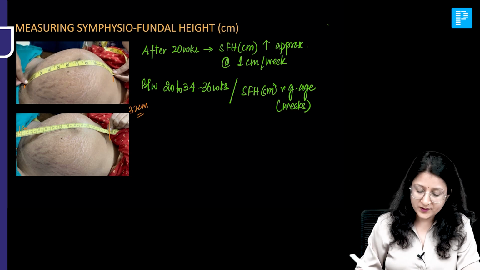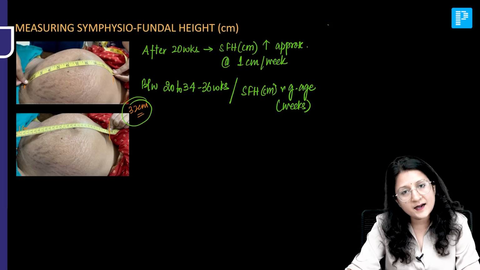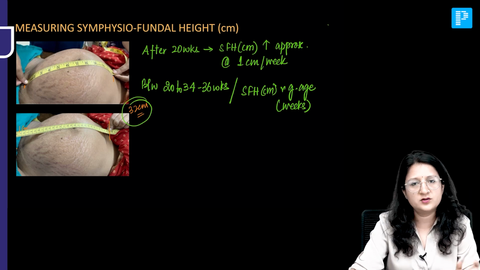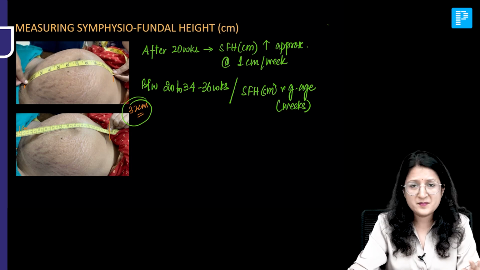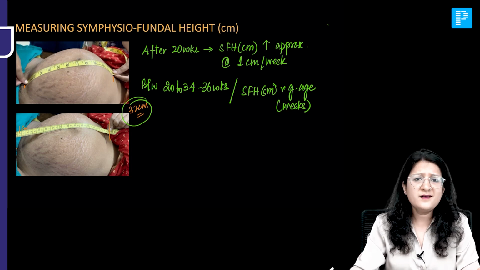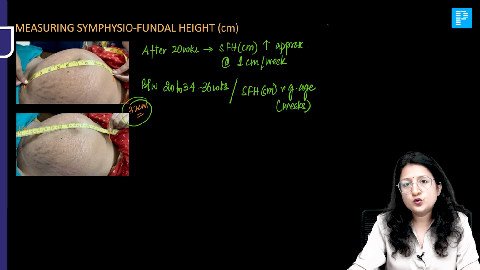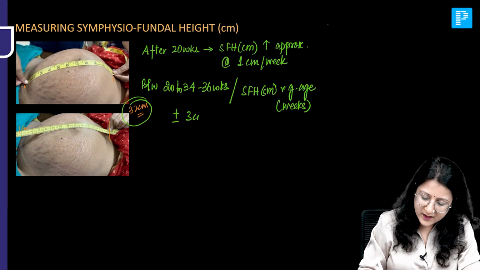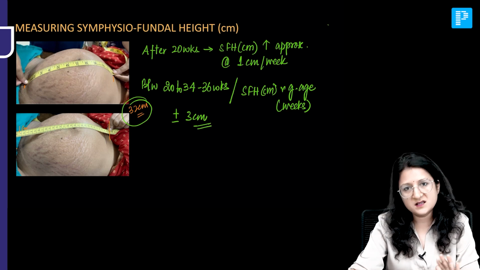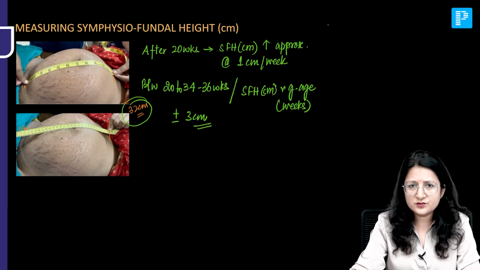That means if I measure the symphysiofundal height as 30 centimeters or 32 centimeters or 34 centimeters, it corresponds to the gestational age in weeks. So if I measure it as 30 centimeters, then roughly the gestational age should be 30 weeks, and a variability of plus minus 3 centimeters here and there is going to take place, right?